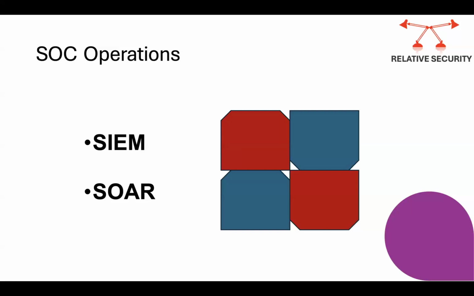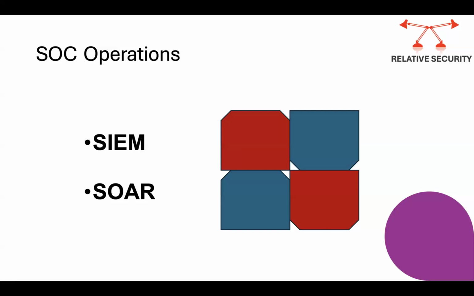SIEM solution, if we remember from the last video, and the link for that video has been mentioned in the description as well, collects, aggregates, and analyzes the log data from various sources across an organization's IT infrastructure, which is then used for continuous real-time monitoring and analyzing the security events across the network.